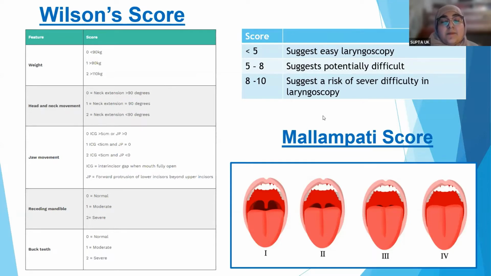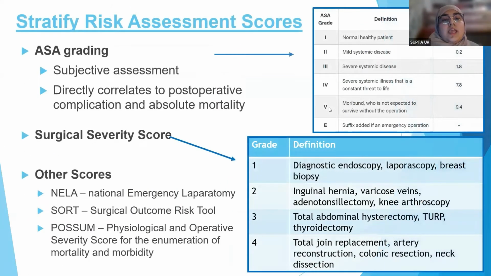And then the ASA score, I'm just about to go on to that now. The ASA score, the American Society of Anesthesiologists' grading, is basically used to stratify the risk of a patient based on their health. You won't see a WHO checklist for surgery without an ASA grading.